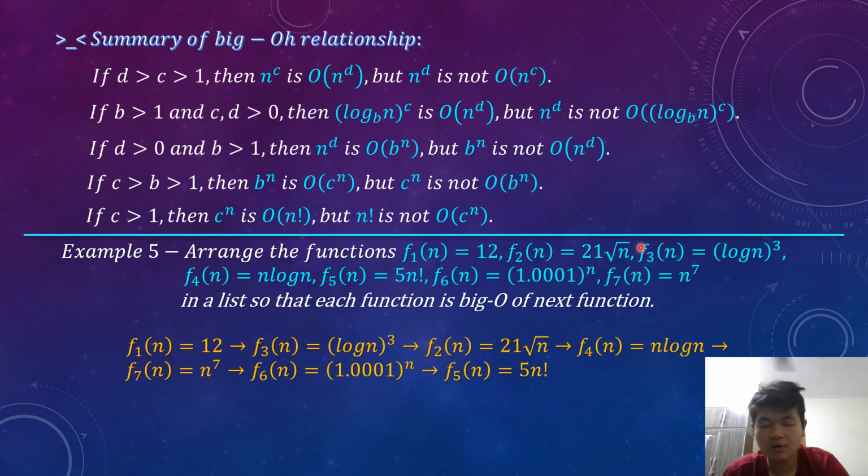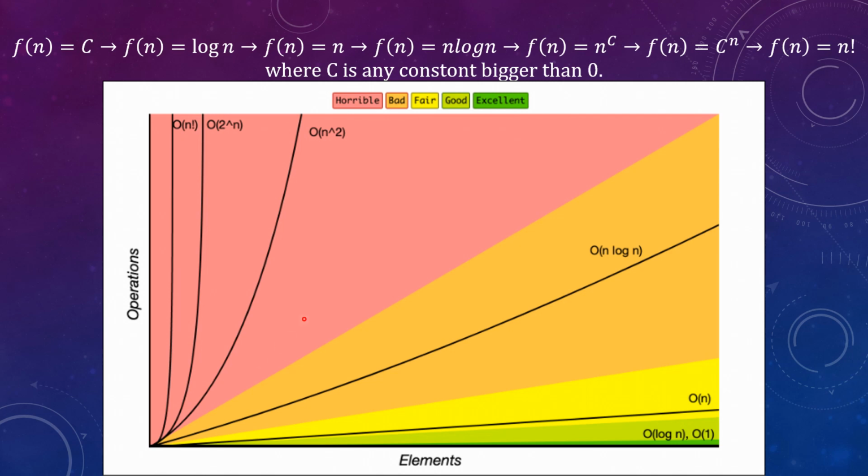Then the polynomial function of degree half, then degree 1 and degree 7, and then the exponential function, and the fastest one is the factorial function. Okay, this picture can make it easier for us to understand who is slow and who is fast.